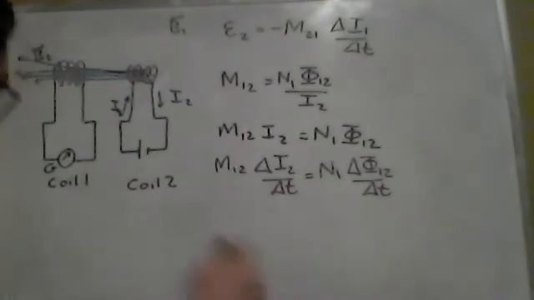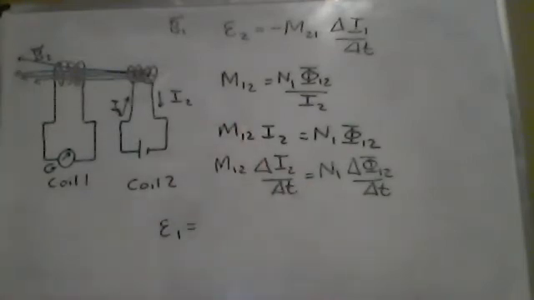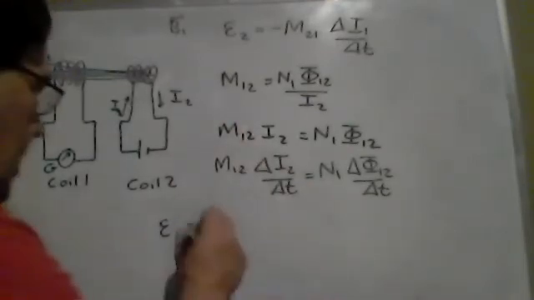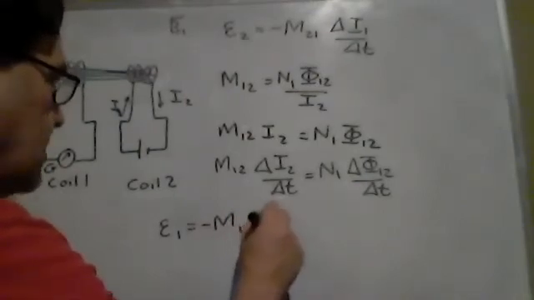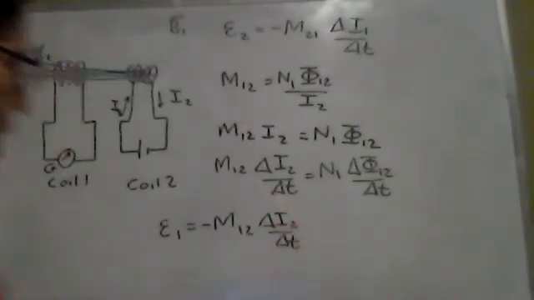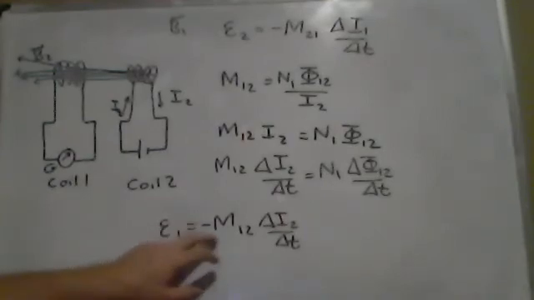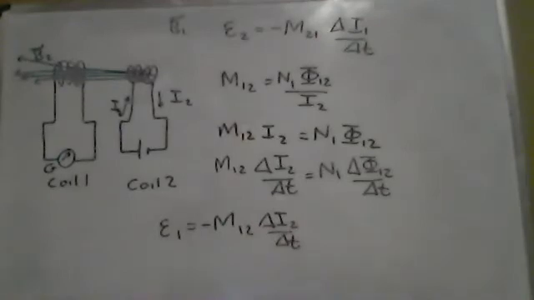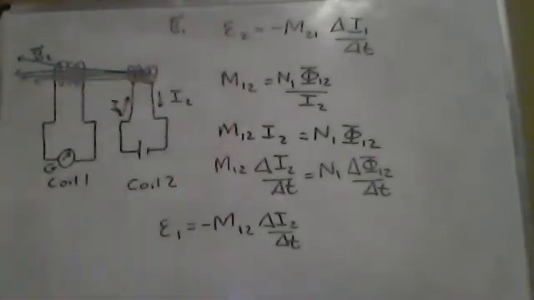So I would again write that epsilon 1, the EMF that's set up in coil 1, would be negative M12 delta I2 with respect to T. Again, the EMF set up in coil 1 is negative M12 times the time rate of change of the current in coil 2 with respect to T. Just like when I had the EMF set up in coil 2, that's negative M21 times the time rate of change of the current I1 in coil 1.